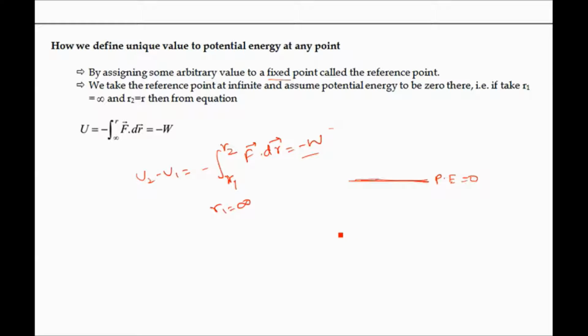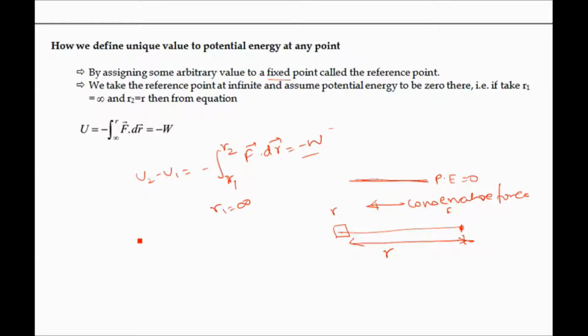Suppose this is the object which has to move under this conservative force. So this is a conservative force, and the object has to move under this force. You have to define the potential energy at this point, which is basically the center of force, or at a distance r from the center of force.